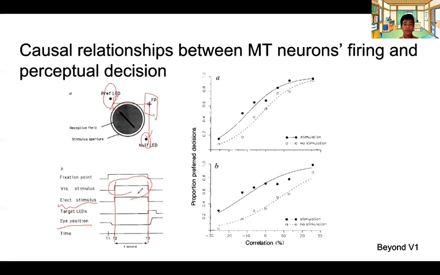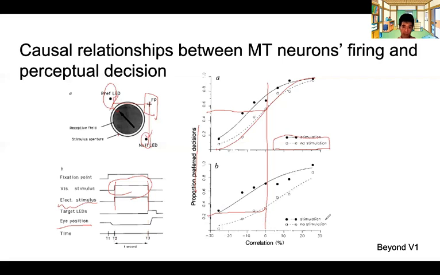Okay, and then they found that as a function of the correlation, without the stimulation, the monkey reported something like this, the proportion of the preferred decisions for this particular location. And this is at 0. So at 0, the monkey tended to say 50-50 in this case, and there was some kind of bias to say, oh, I say to the bottom or something like that for this particular experimental session.